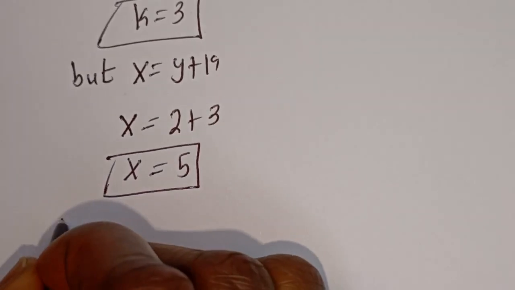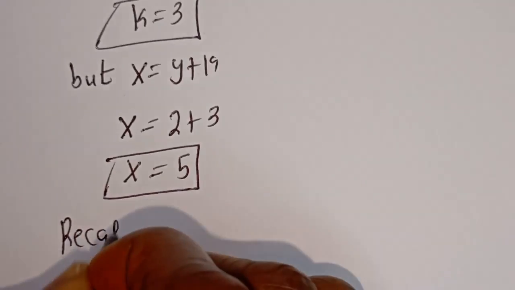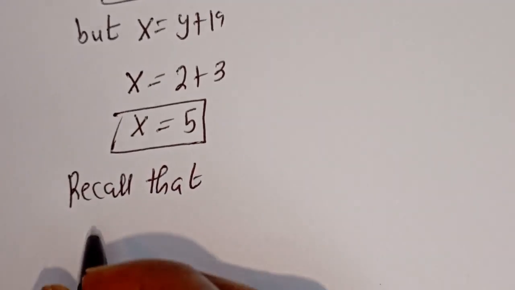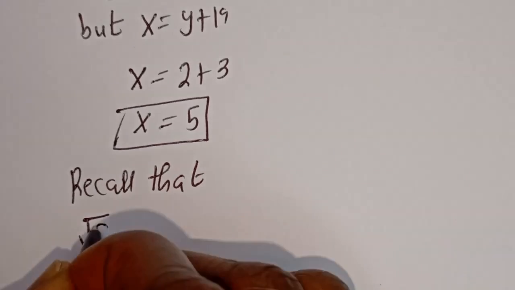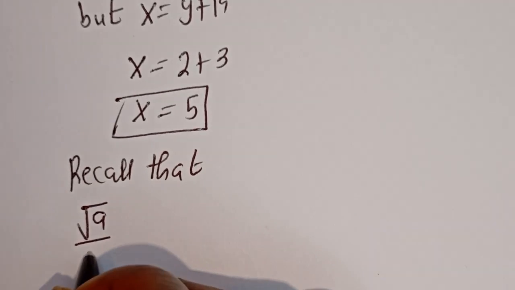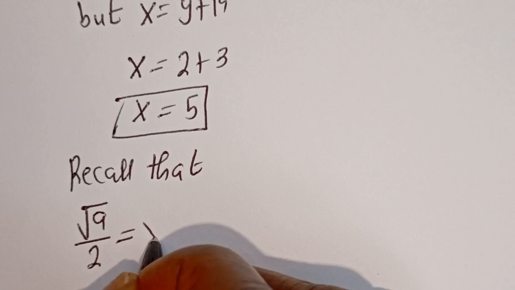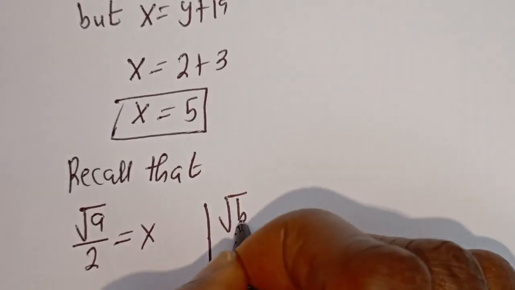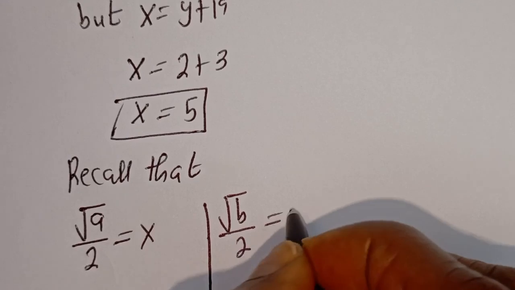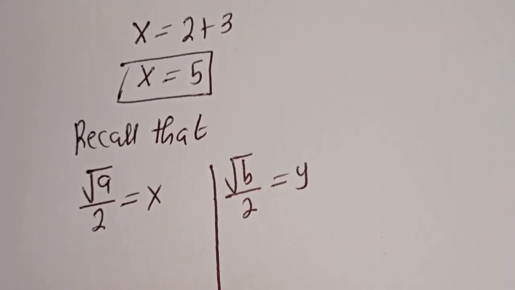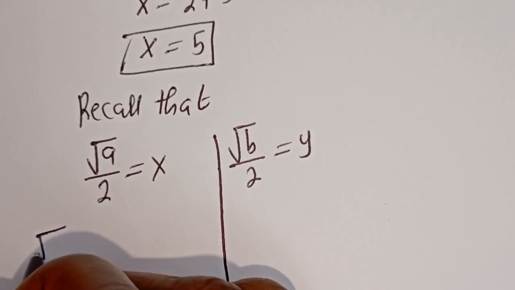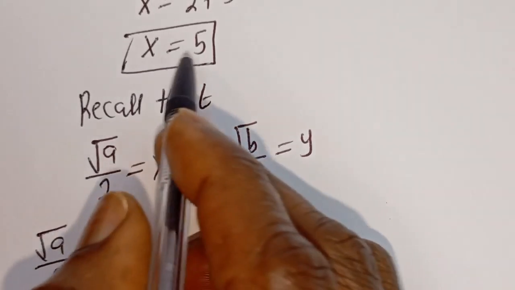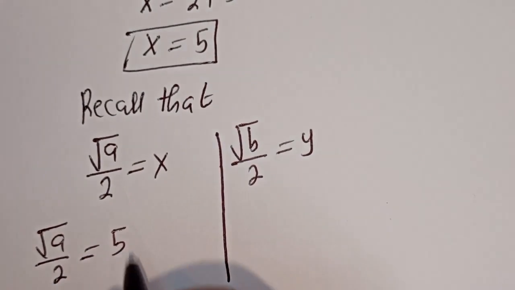But recall that we have square root of a divided by 2 equal to x, and then square root of b divided by 2 equal to y. Then square root of a divided by 2 is equal to x is 5.